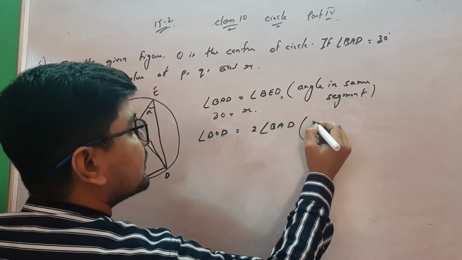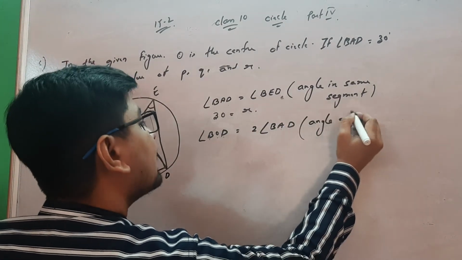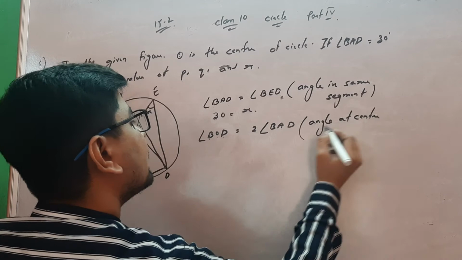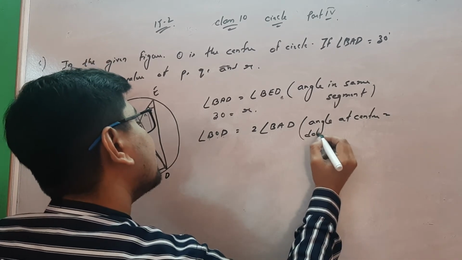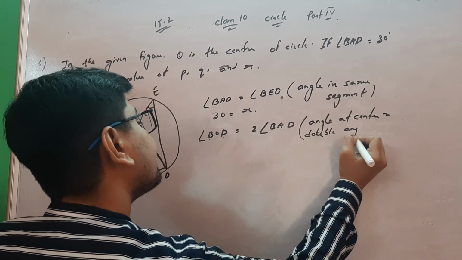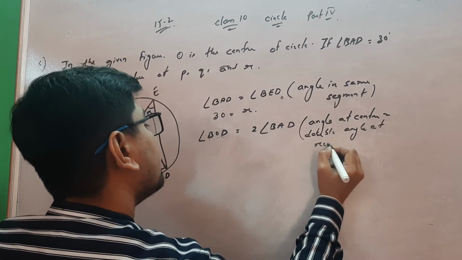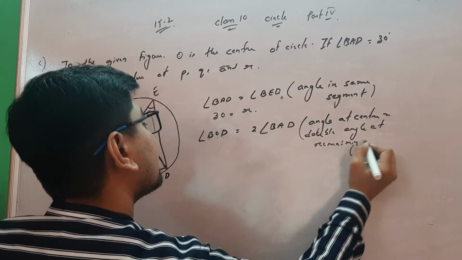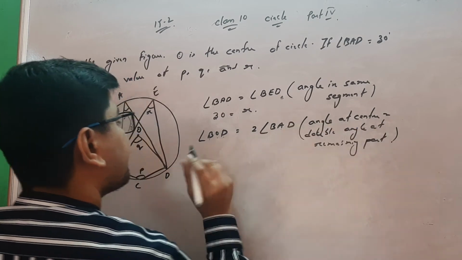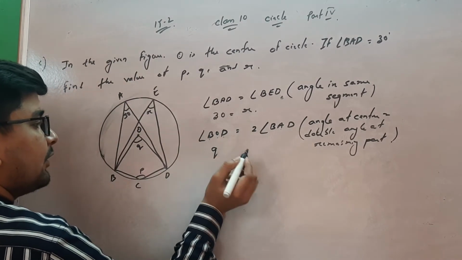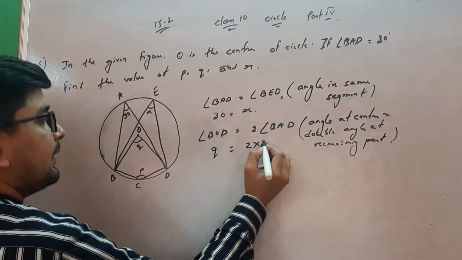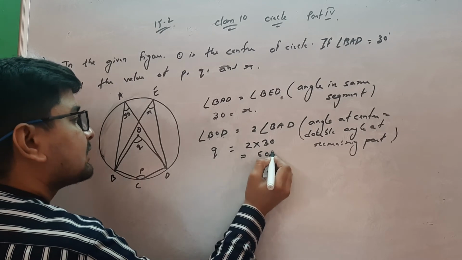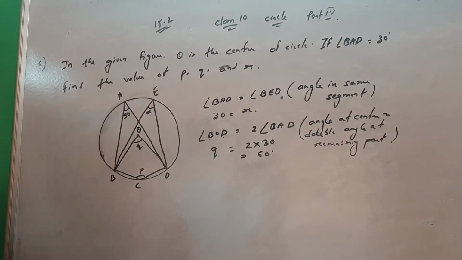So the reason is angle at center equals double angle at remaining part of circle. In place of BOD we write Q. 2 times BAD, which is 30, so Q is 60. So R is 30 and Q equals 60 degrees.